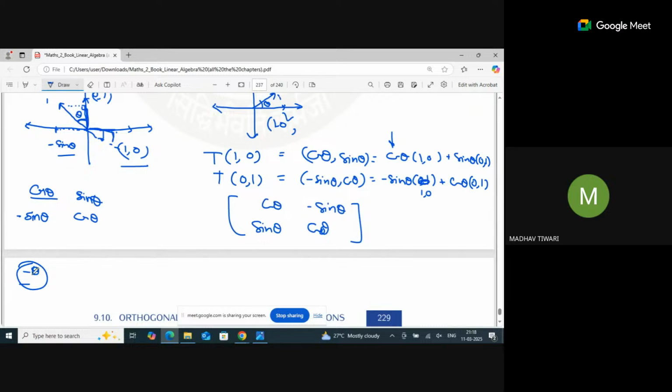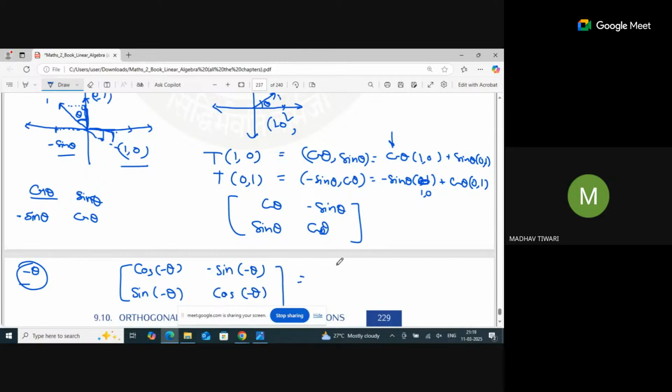But if I rotate by minus theta, how will my matrix look? Cos minus theta, minus sine minus theta, sine minus theta, and cos minus theta.